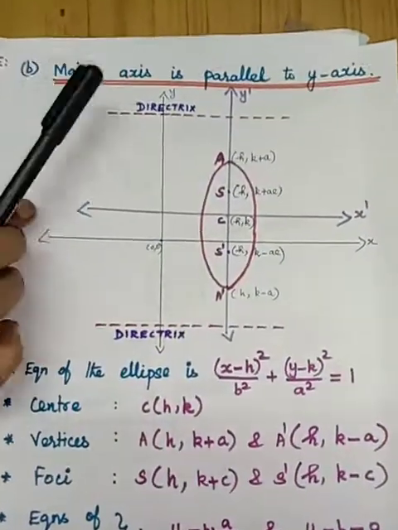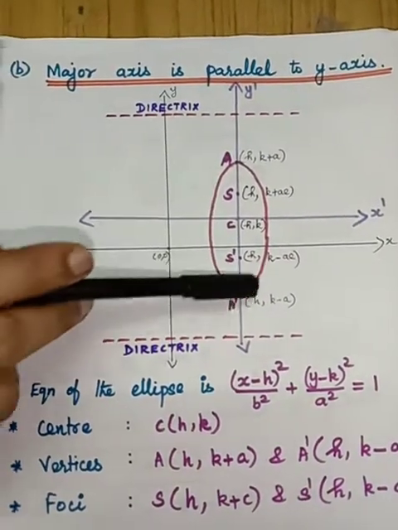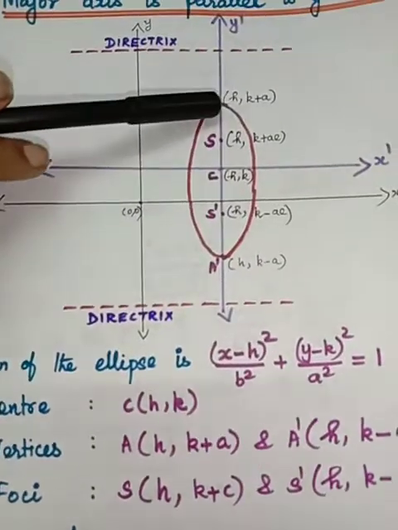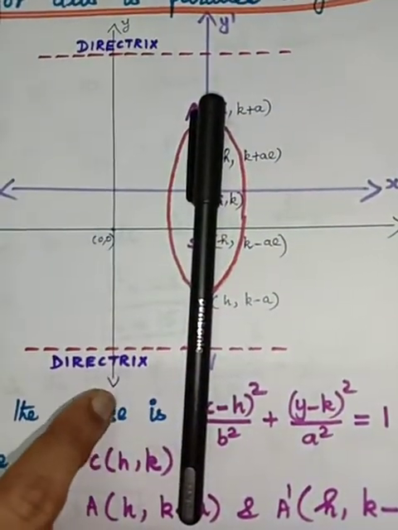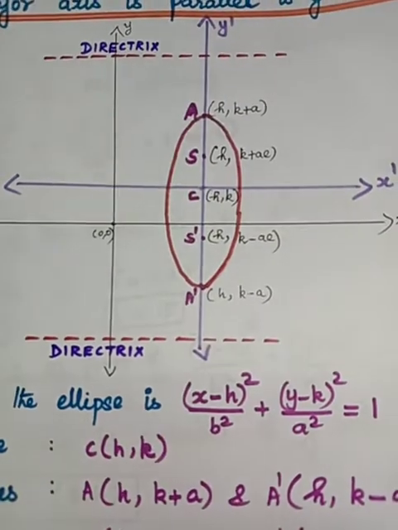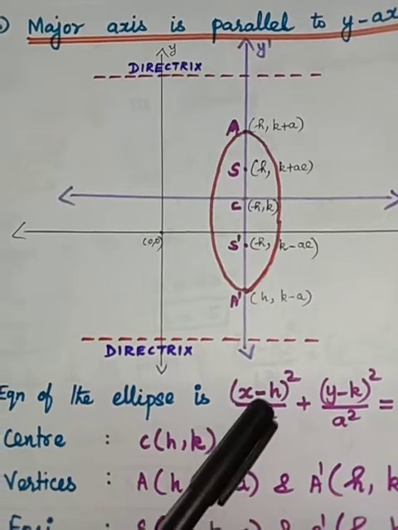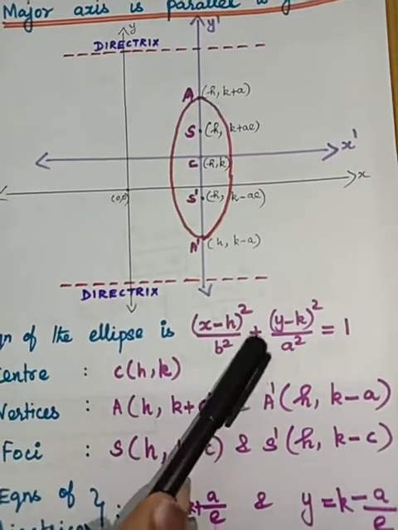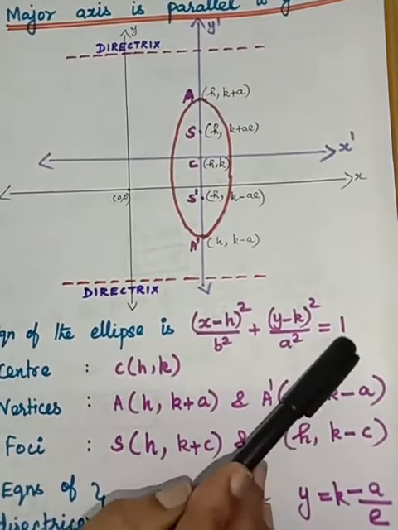Now the second type: major axis is parallel to the y-axis. The shape of the ellipse will be like this. The major axis A dash is parallel to the y-axis. Then the equation of the ellipse is (x minus h) the whole squared by b squared plus (y minus k) the whole squared by a squared is equal to 1.